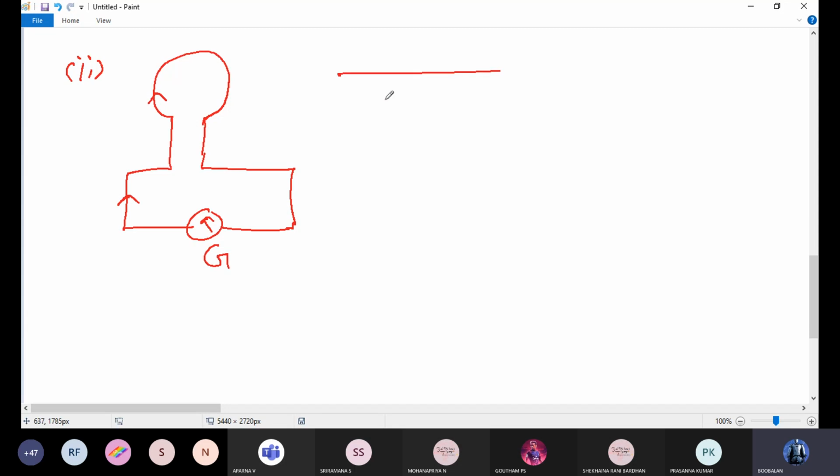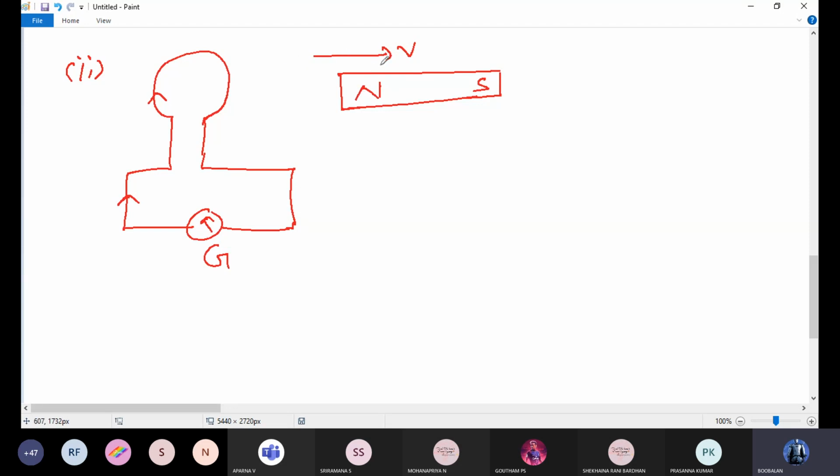Now I will take one bar magnet. This is the north pole, this is the south pole. The bar magnet is moving away from the coil.